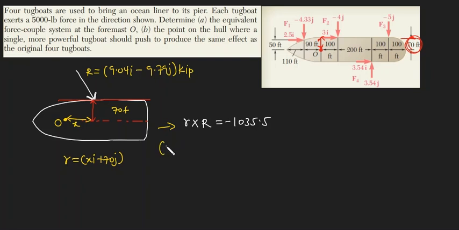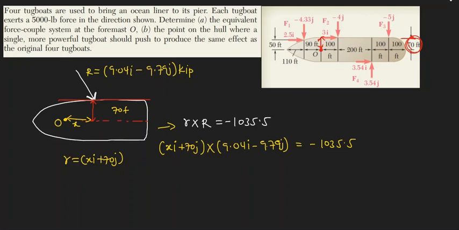So you're going to have xi plus 70j, the cross product of that position vector and then the resultant force, which is 9.04i minus 9.79j, and then this will be equal to minus 1035.5.